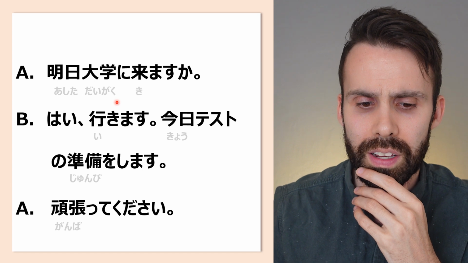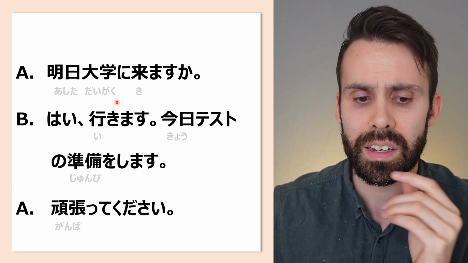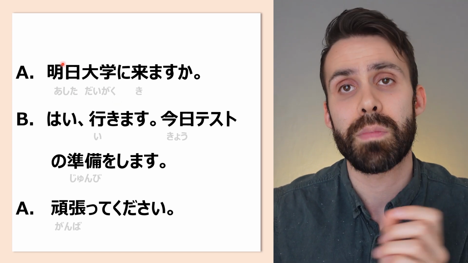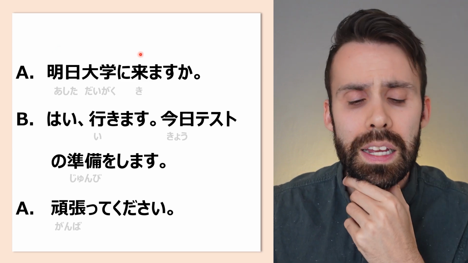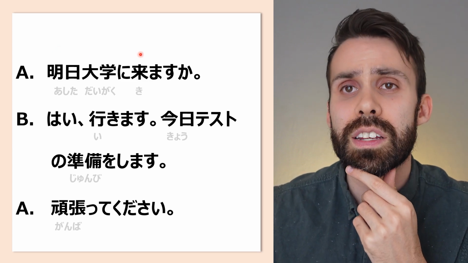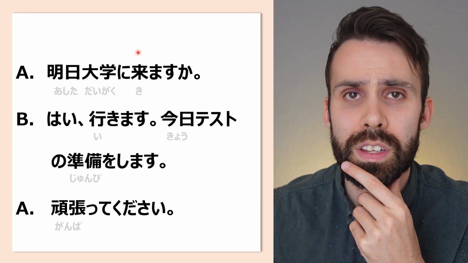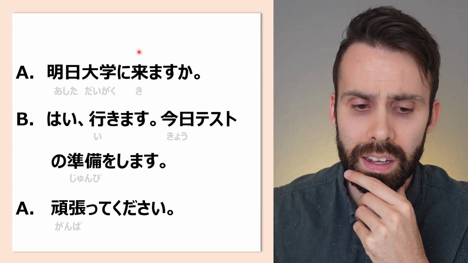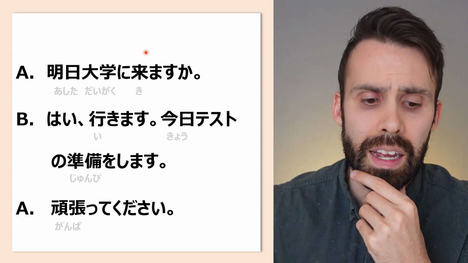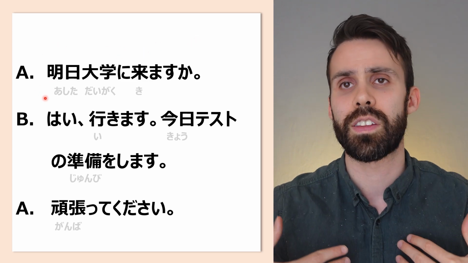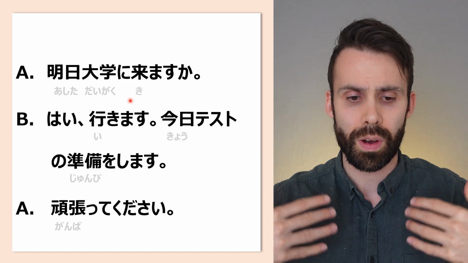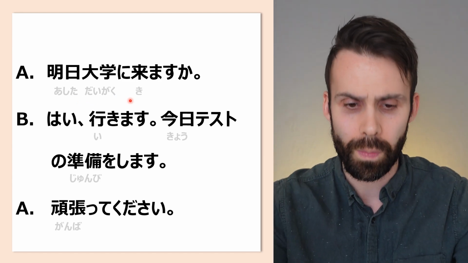So, for example, in this case, when the person is saying, 明日大学に来ますか? Because this person is using come, that person is located at the university at the moment. And person B says, はい、行きます. So that person is not at the university at the moment. So, はい、行きます. Yes, I will go.